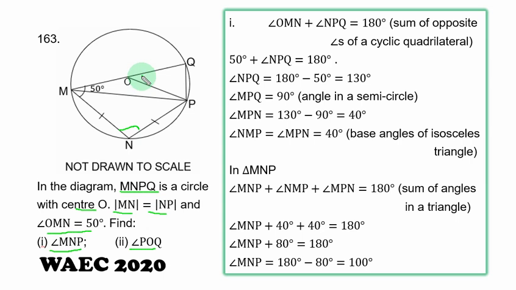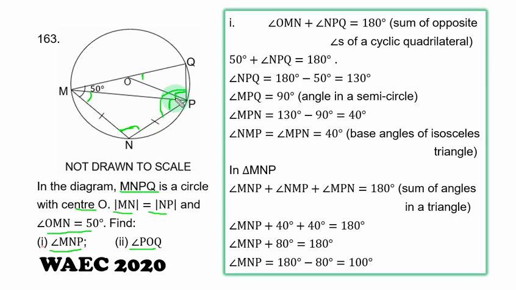POQ, this angle. For us to get the first angle, we have to consider triangle MNP. In that triangle, the base angles are equal because it is an isosceles triangle. For us to get this angle, you have to consider getting this entire angle, then you get this angle.